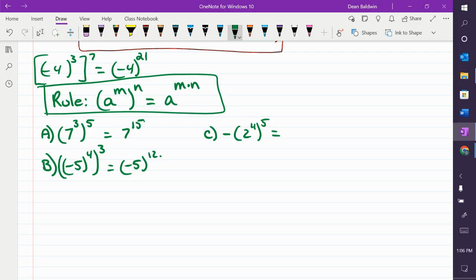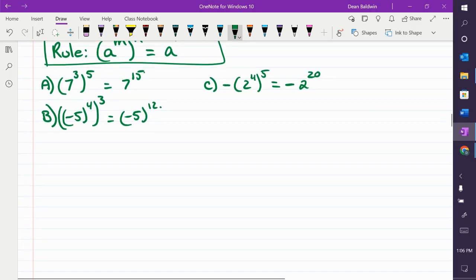This negative is not attached to any of it, so it just sits on the outside. And then it's 2 to the power of 20, because the base is just 2. How do we feel about that? Good.